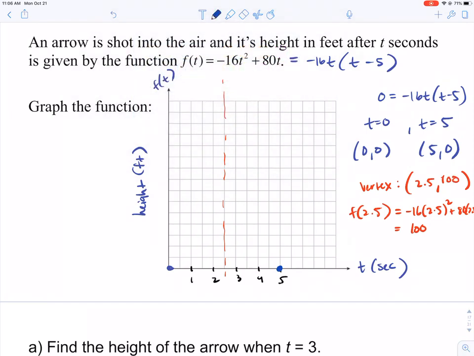So the vertex, go by tens, 10, 20, 30, 40, 50, 60, 70, 80, 90, 100.